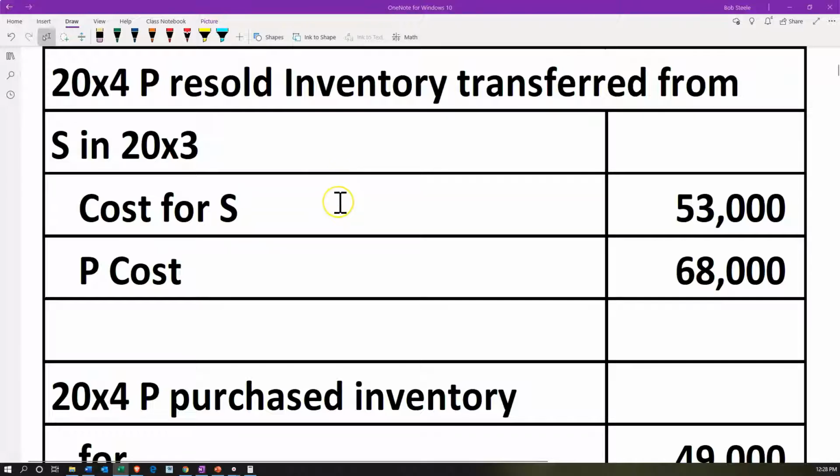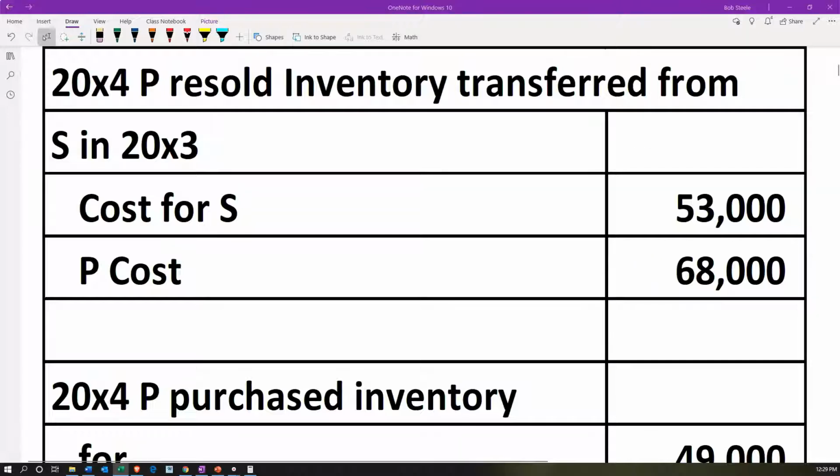So if we take this data, notice they gave us basically the ending amount, what was resold. So this was the cost for S, which is going to be like the original cost, and then this is the cost for P, which is the added cost or the inflated cost that they have on their books, the amount that they purchased that inventory for, and then of course they resold that inventory.